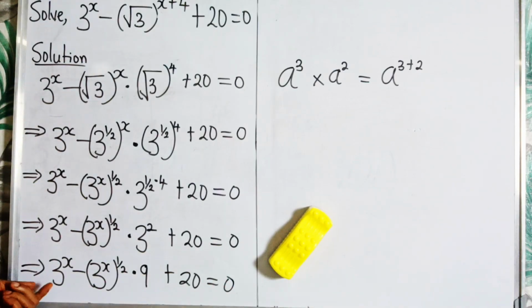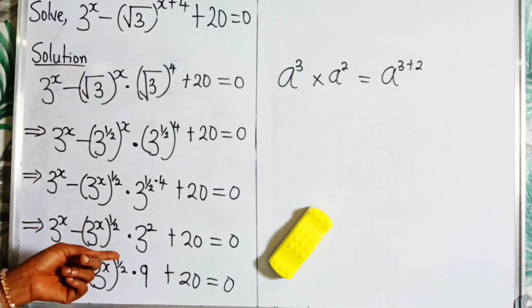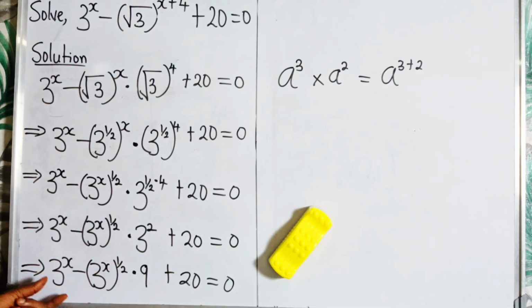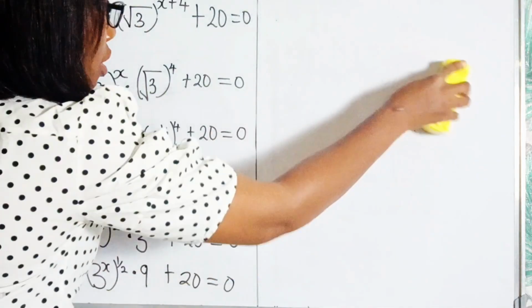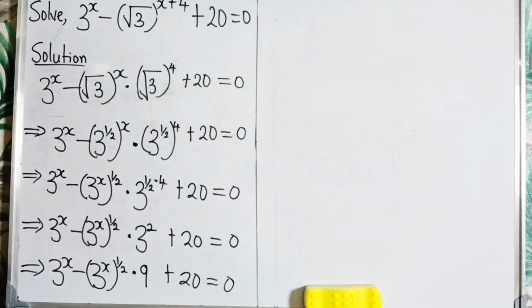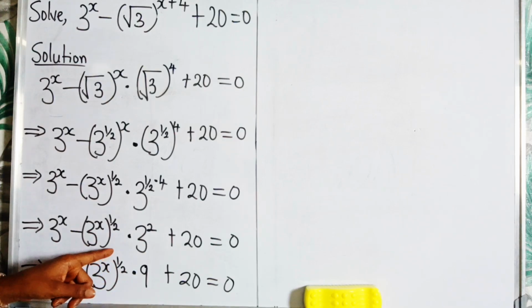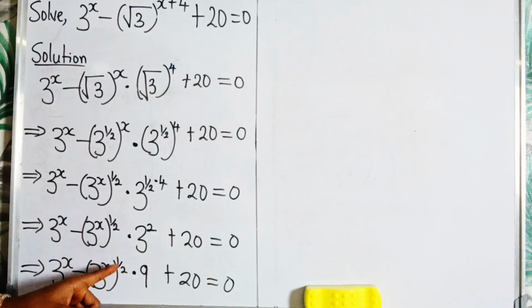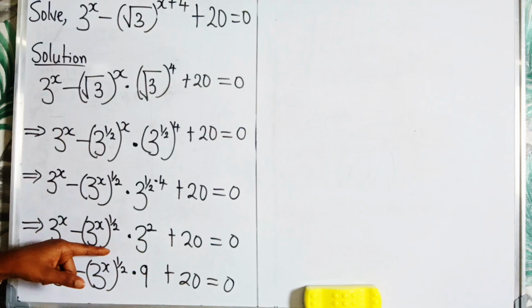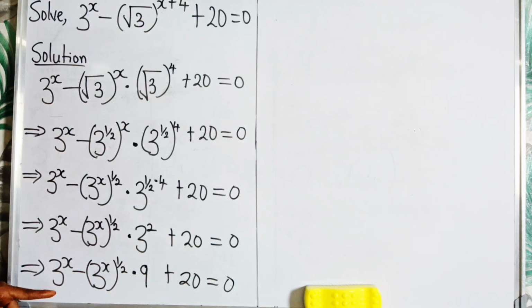Now, looking at this, here we have 3^x, and here we have (3^x)^(1/2). What we have here is 2 times what we have here. Now, I'm going to prove it before we proceed. If you take the reciprocal of this exponent and multiply it by this exponent, you're going to have this.